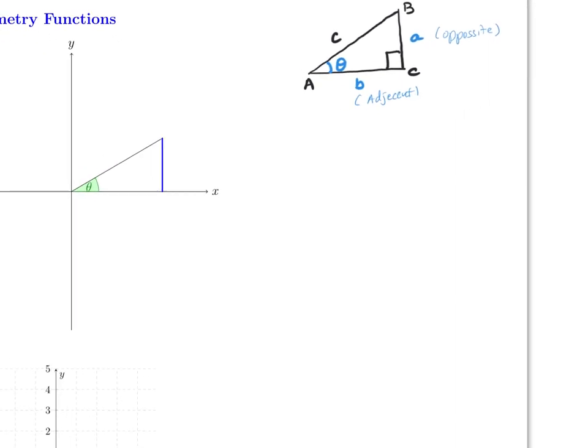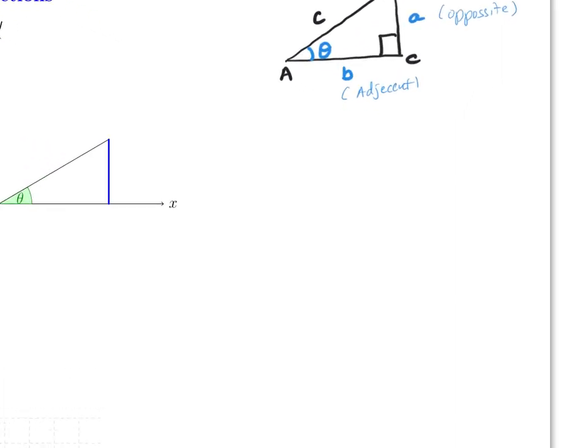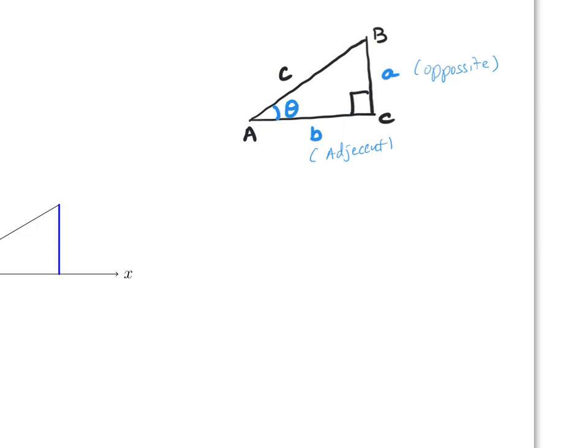Okay? So now the next part is just the definition. This is how the functions are defined, and you just have to memorize this. So sine of theta is defined to be the opposite over the hypotenuse.